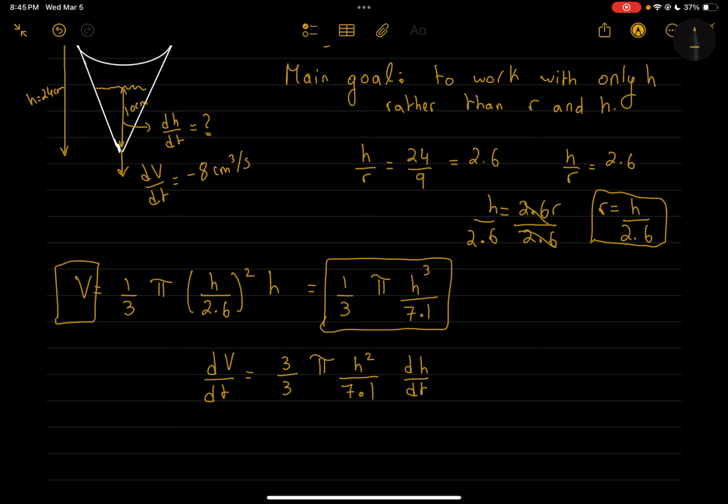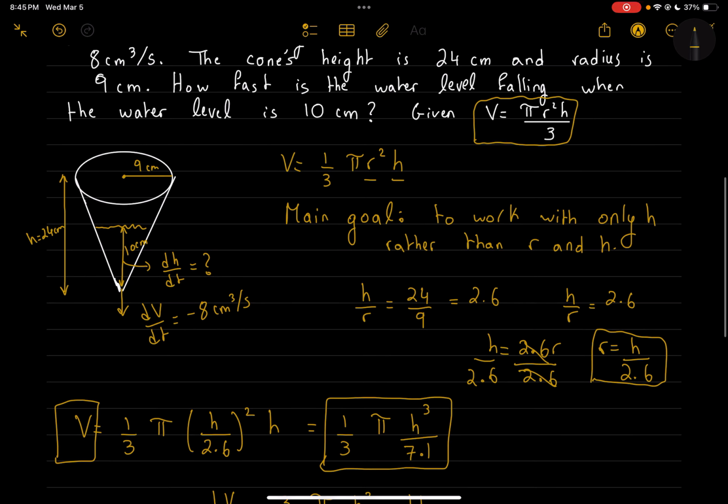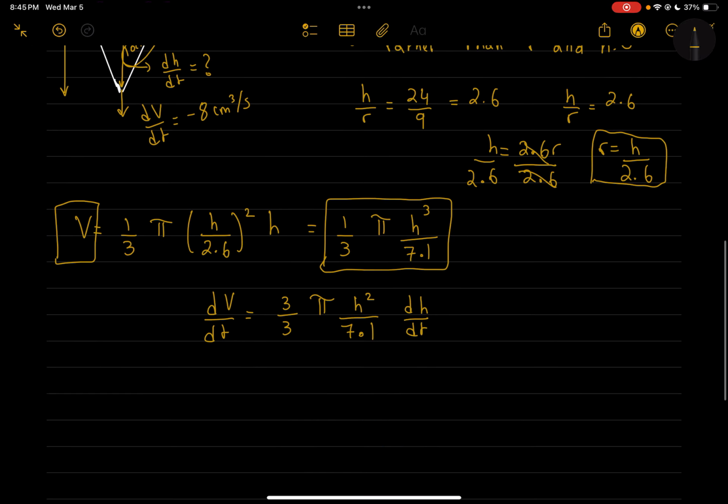So over here, I know what h is in this case, and they gave it to me as 10 centimeters. And I know dV over dt, which is negative 8. So negative 8 equals 3 over 3, which is 1, so you're going to be left with pi. h squared is going to be 100 over 7.1 dh over dt.